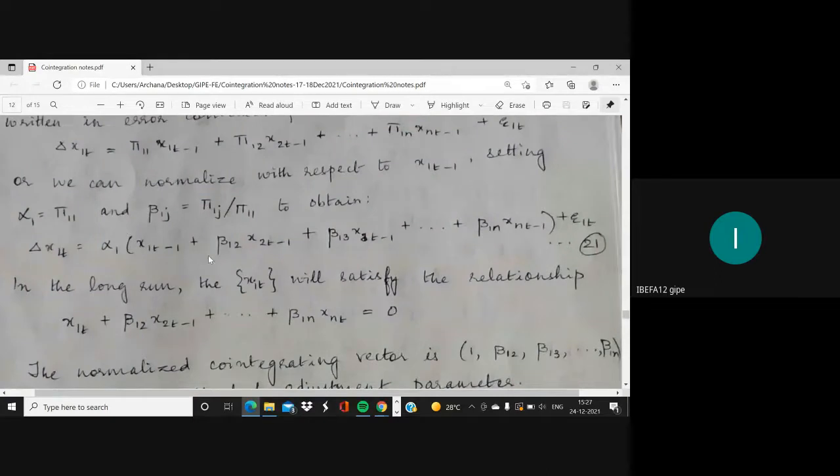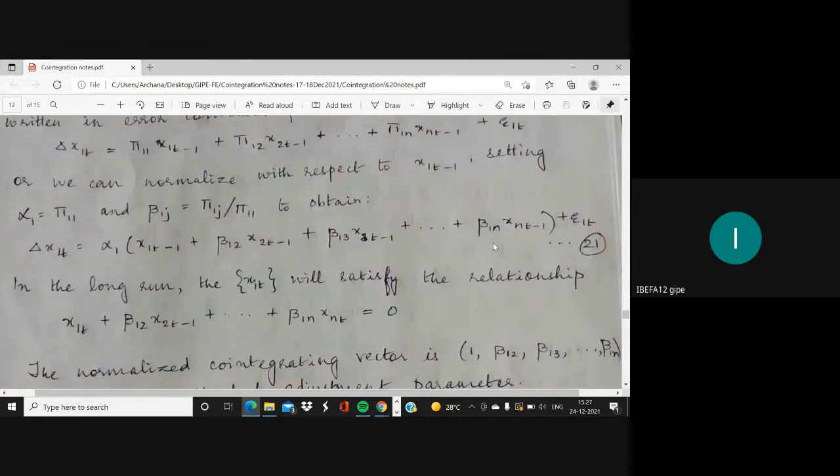If you remember the form that we were looking at in the Engle-Granger test of the error correction model, within brackets you have, in some sense, the co-integrating vector and the linear combination of these n variables. Over here, what you're looking at is the equilibrium relationship between these variables and the deviation from that equilibrium.